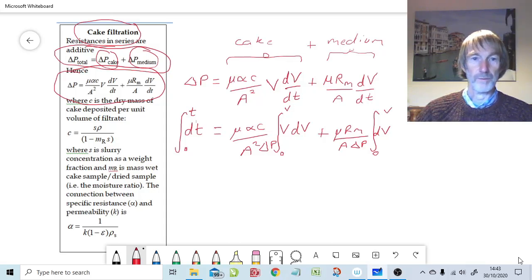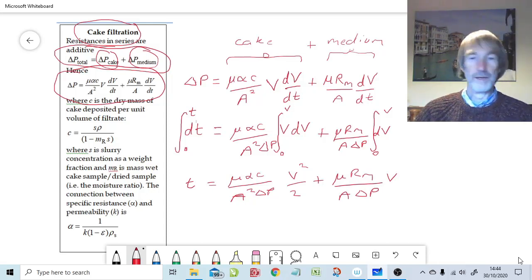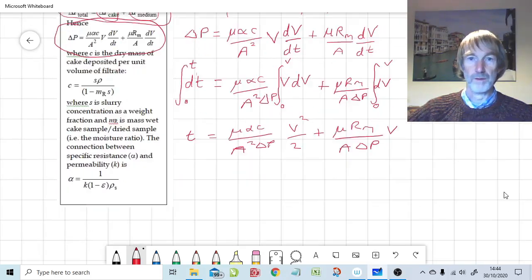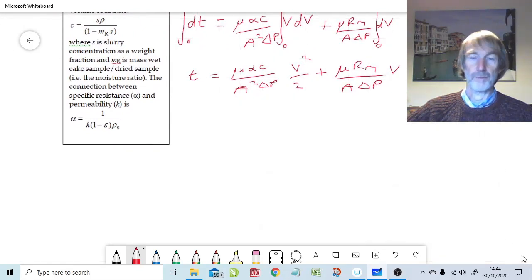Not too difficult to integrate. That obviously integrates to t. That is all our constants: mu, alpha, c, A squared, delta P. That becomes V squared over 2 in the integration, and then we have mu Rm over A delta P, and that becomes V. So you now have the classic filtration parabolic equation, which we tend to linearize by bringing V over to the left hand side.